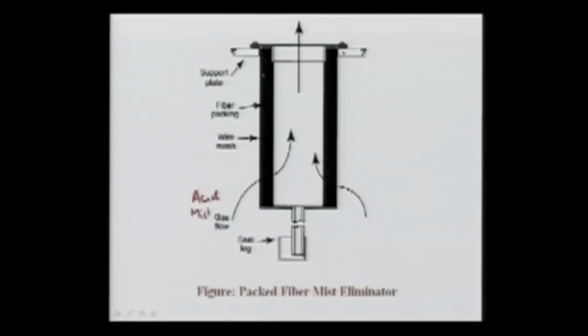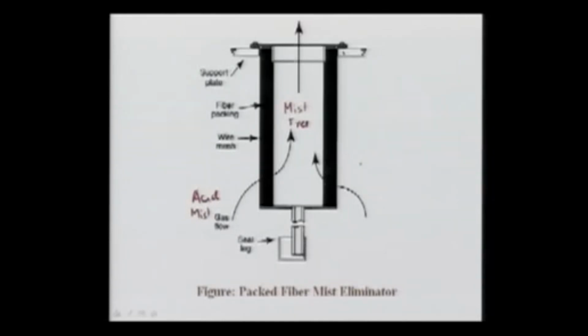You have this fibrous pad here, and the mist passes through it. The mist, in fine particles, will be trapped all over the place, and mist-free air will go out, and these pads can be changed.